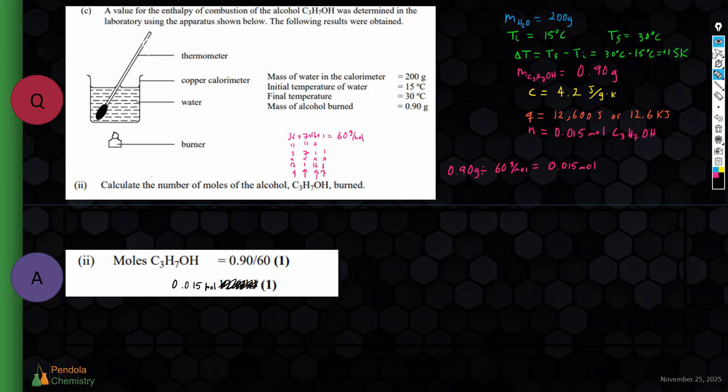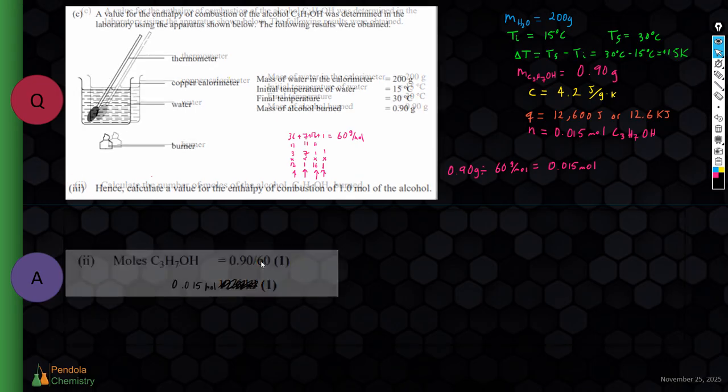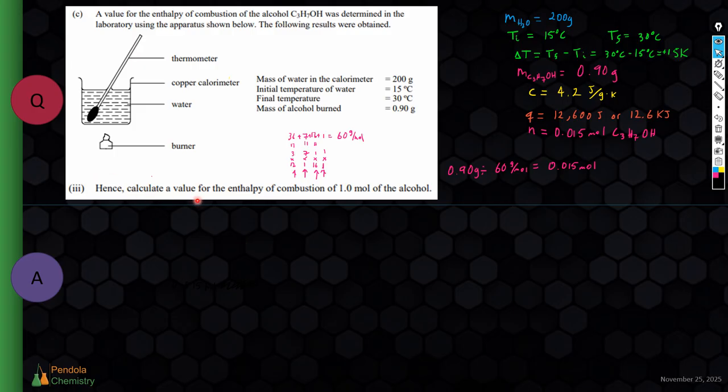So all we have left to do now that we have the number of moles is part III, or part 3, which is going to ask us for the value of the enthalpy change of combustion. This is where the definitions that we did come in handy. Remember that the enthalpy change of combustion is based on a very specific number of moles, and that is the number of moles of the fuel, of the thing that we're burning.